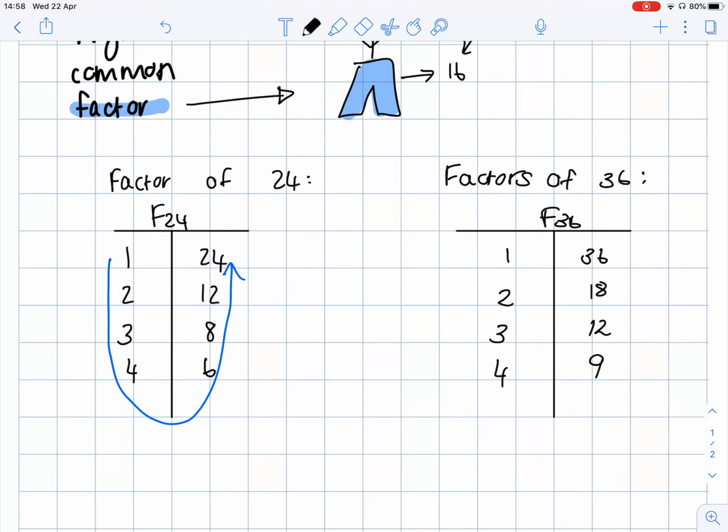And then 5 can't go in. 6 times 6, and then we see we go back to ascending order. So once we do that, we can double check by seeing that it's in the correct shape.